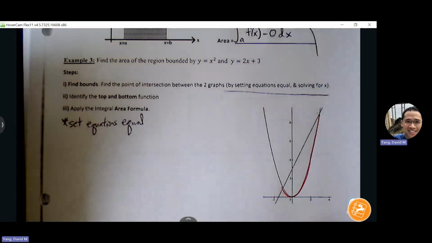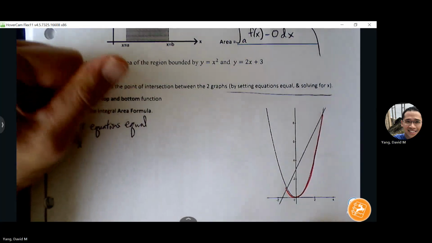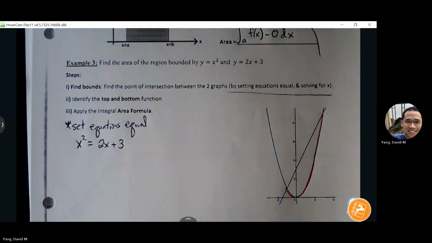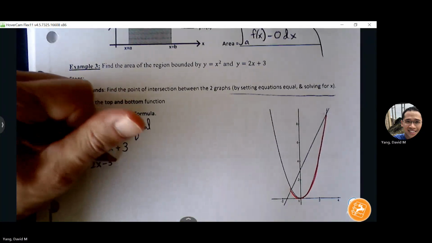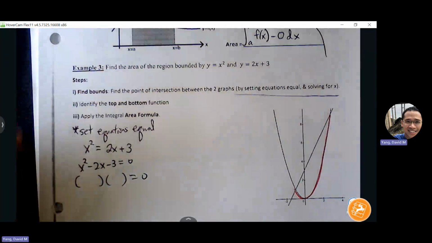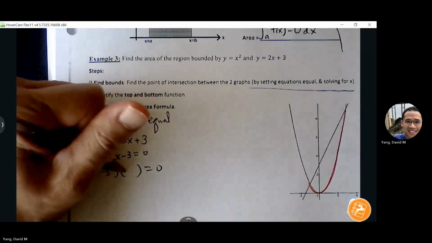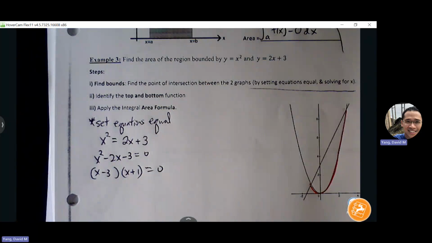You don't have to worry about extraneous solutions. We bring everything over to one side. Factor: multiplies to be -3, adds up to be -2. -3 and 1.